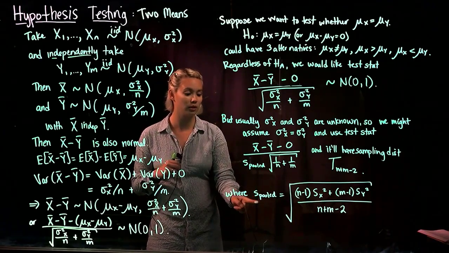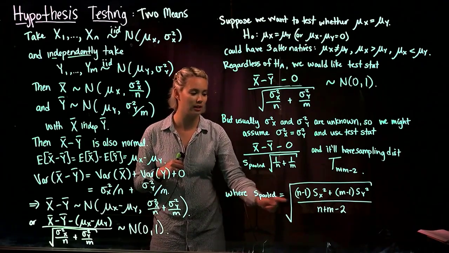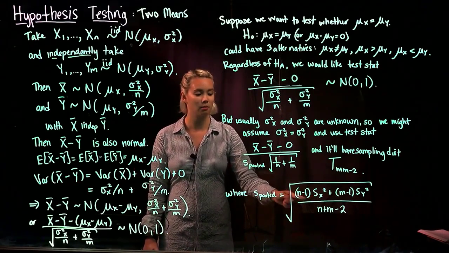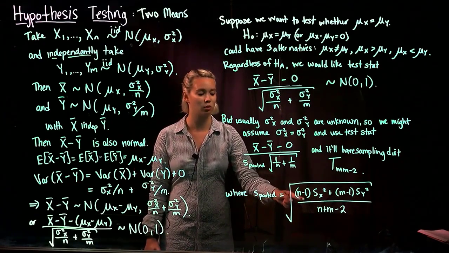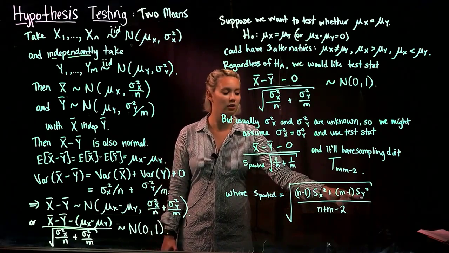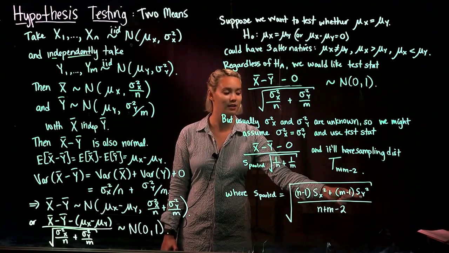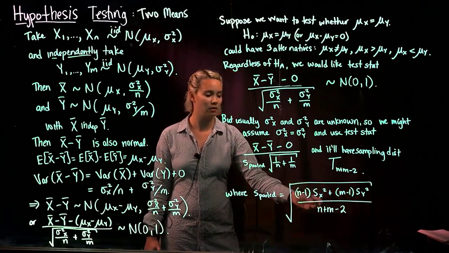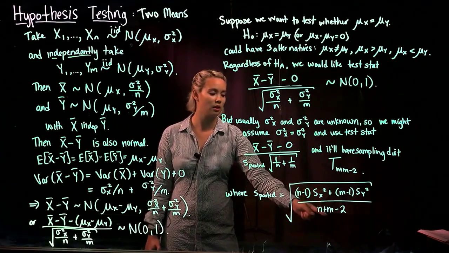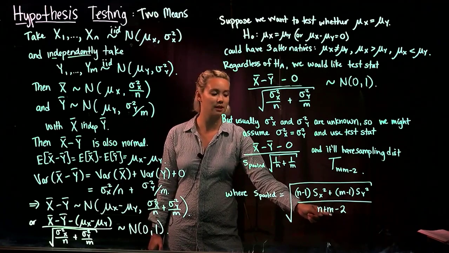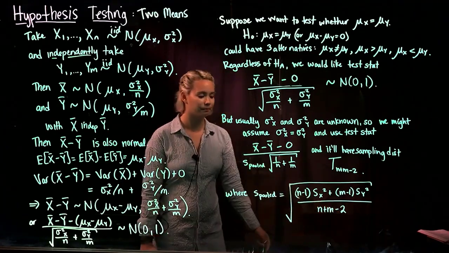So to get the pooled sample standard deviation, we're going to take the sample variance of x, multiply it by n minus 1, and then add to it the sample variance of y multiplied by m minus 1, and then divide by the total sample size minus 2. So we have the sample size of x plus the sample size of the y's, minus 2.